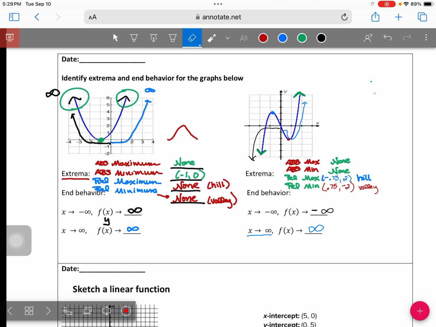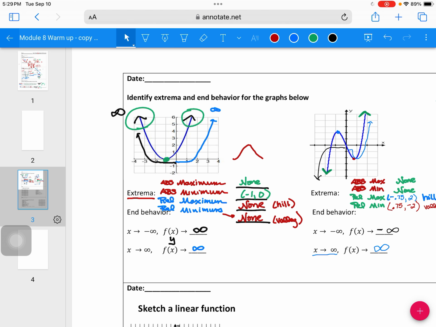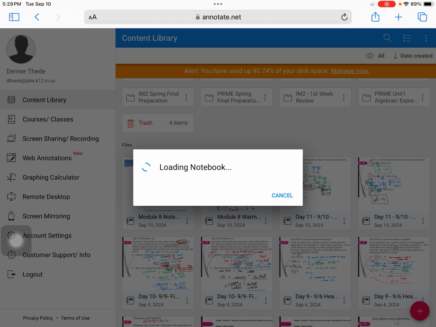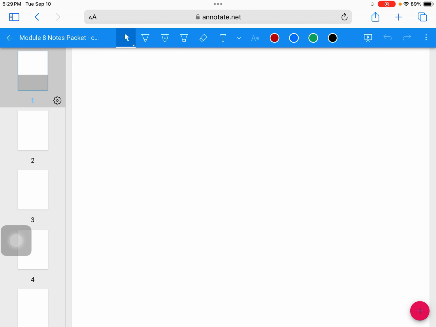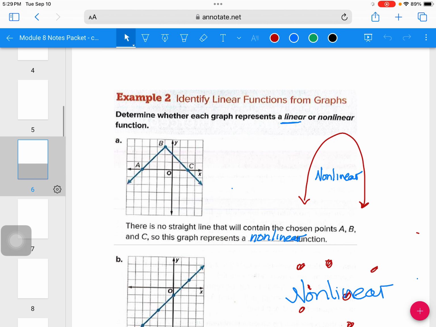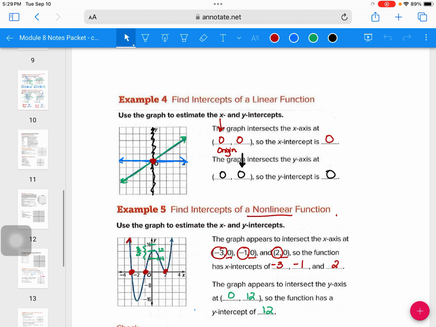Okay. All right, so now let's jump into our notes. We have been looking at graphs and figuring out what the extrema are, and similar types of things.